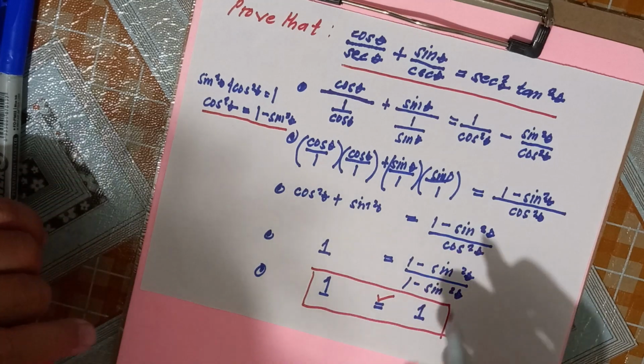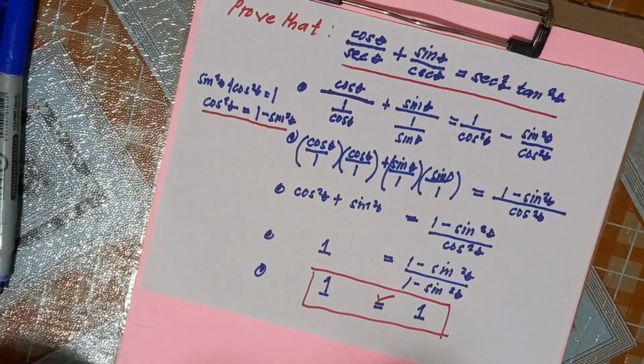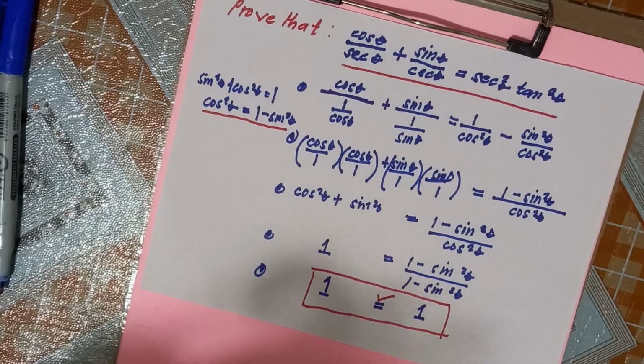So that is the proof of the problem. Notice that both sides are being manipulated and simplified, and at the end they are all equal.